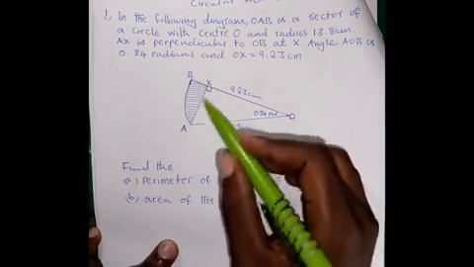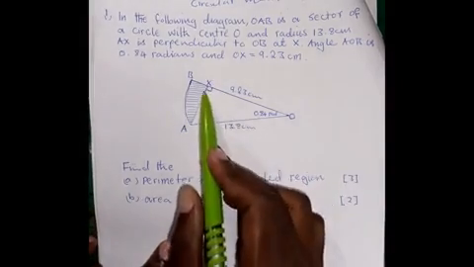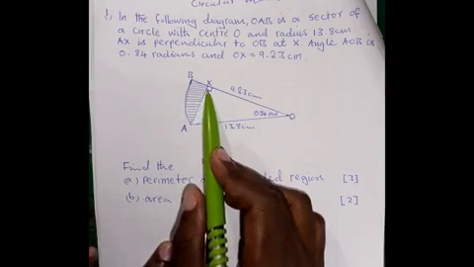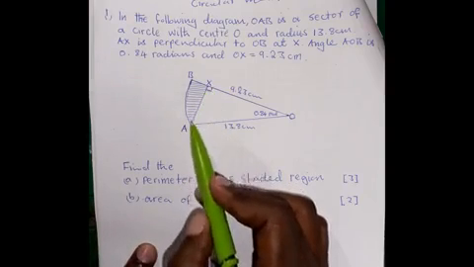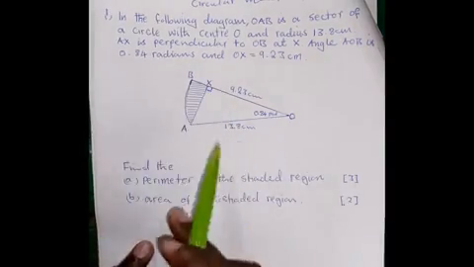AX. As you can see in this shape, there is 90 degrees. So when you take this AX, let's try to remove this part here.